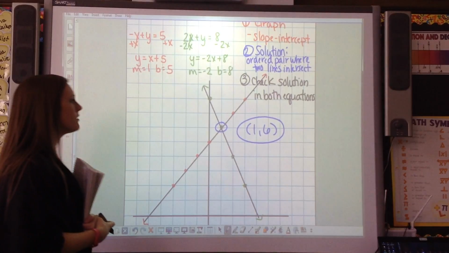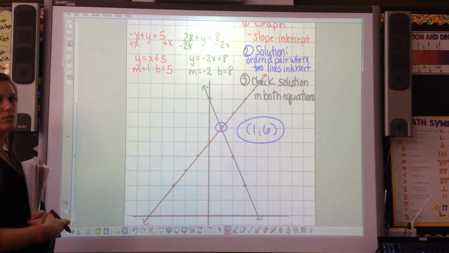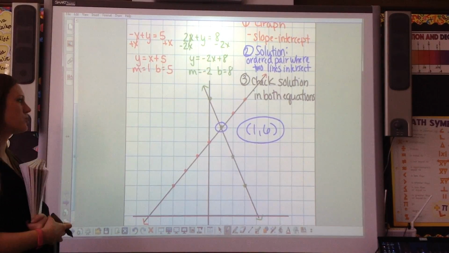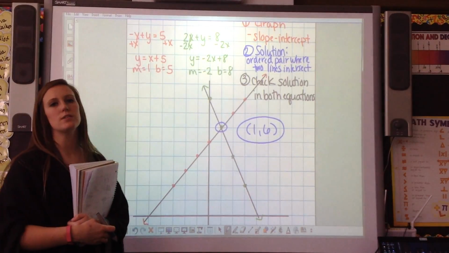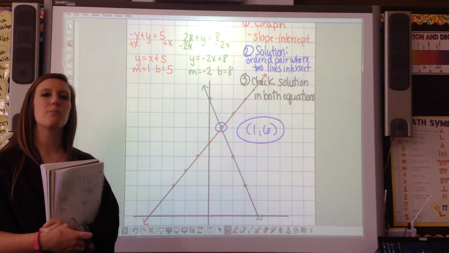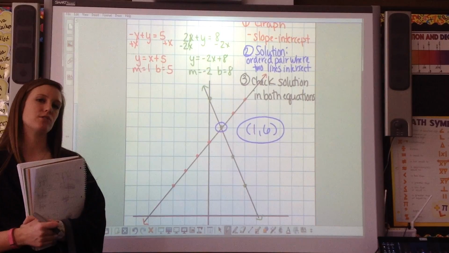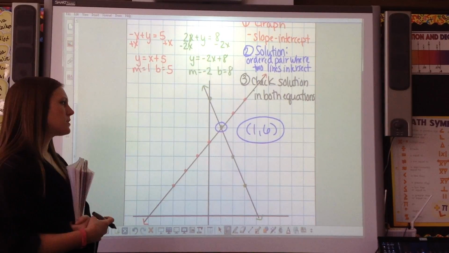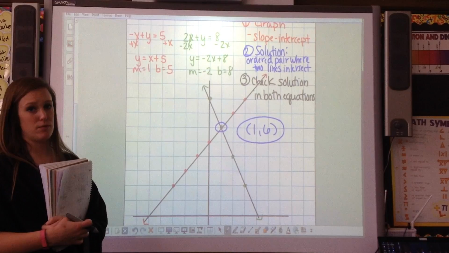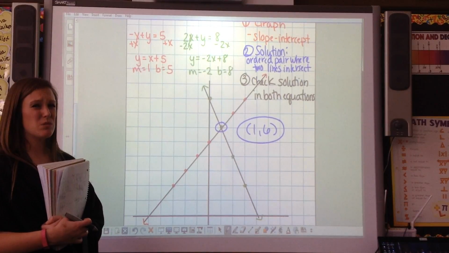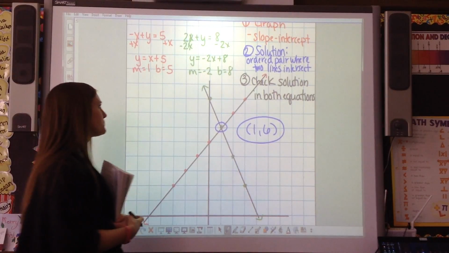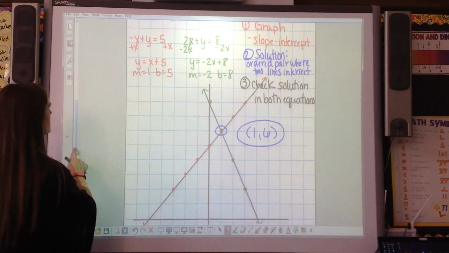Okay, so even though I have my circled answer, I'm going to plug them back into the original equations to check to make sure they're true. The reason you're going to want to do this is because this is not the most efficient way to find the answer to a linear system. Sometimes you might draw sloppy, or if you're not using graph paper, it's going to be really hard to find that ordered pair.